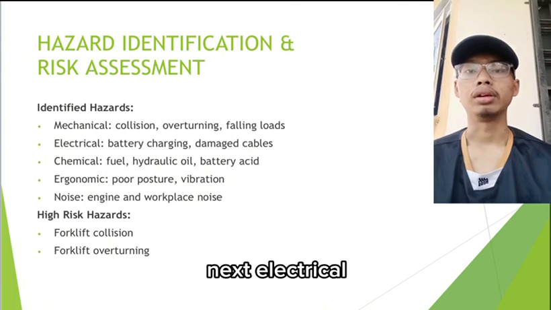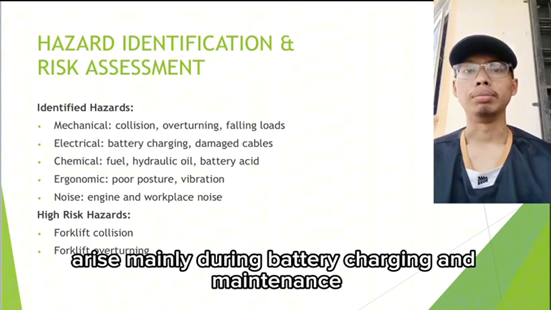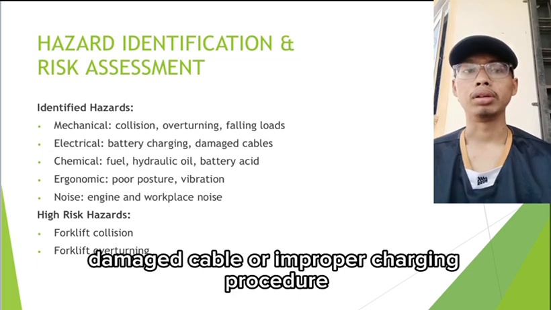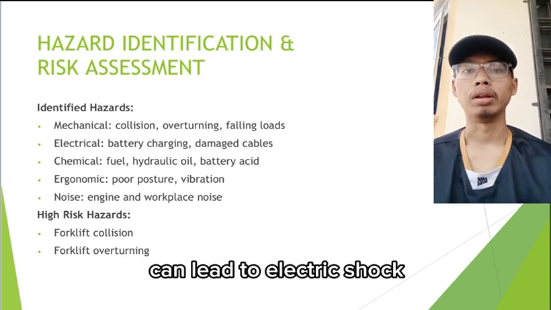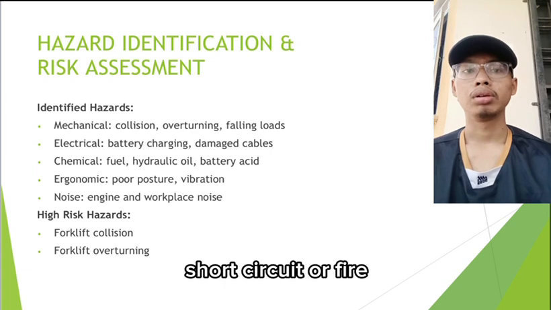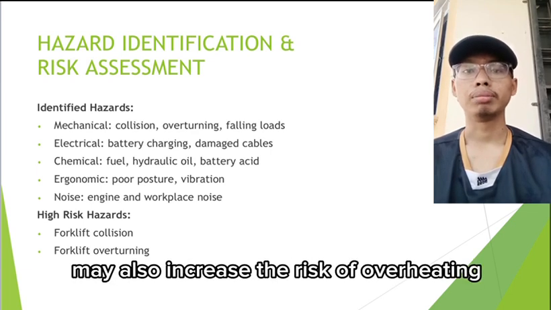Next, electrical risks arise mainly during battery charging and maintenance. Damaged cable or improper charging procedure can lead to electric shock, short circuit, or fire. Poor ventilation during charging may also increase the risk of overheating or gas buildup.